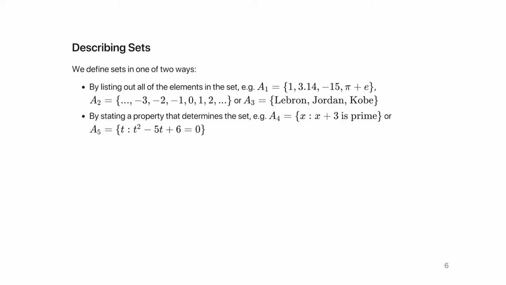But there's also another way we can define a set, using what's called set builder notation. So with set builder notation, we sort of specify a rule that generates the elements of a set. So here for A4, what I'm saying is I want all elements X such that, remember this colon from the other slide means such that, X plus 3 is prime.